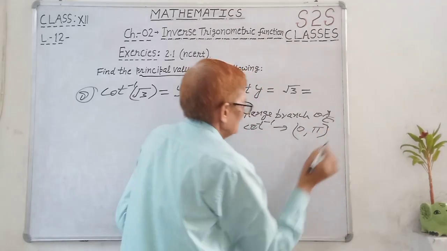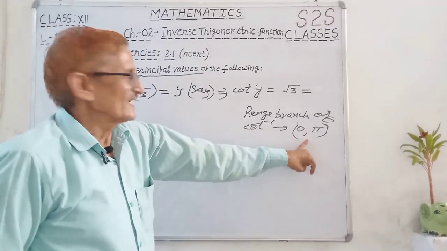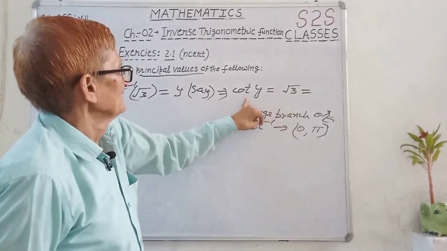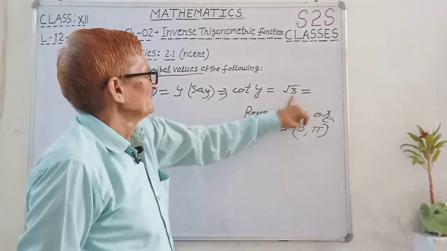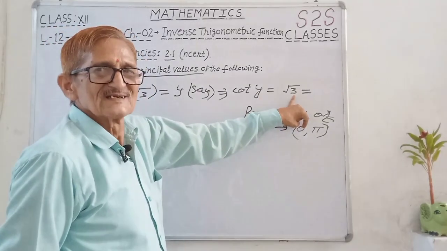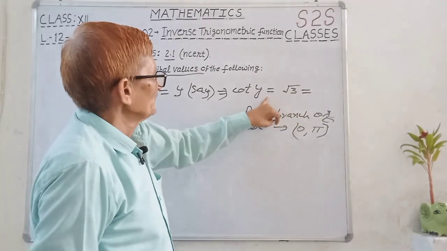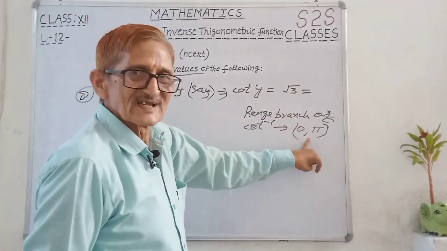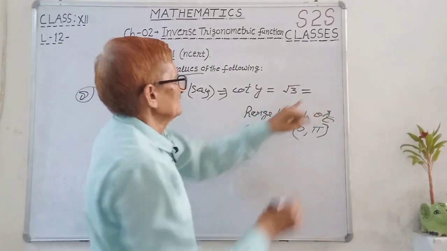That is first and second. Cot is positive in the first and third, but here first and second, so first is the common in both. So this is in the first quadrant.